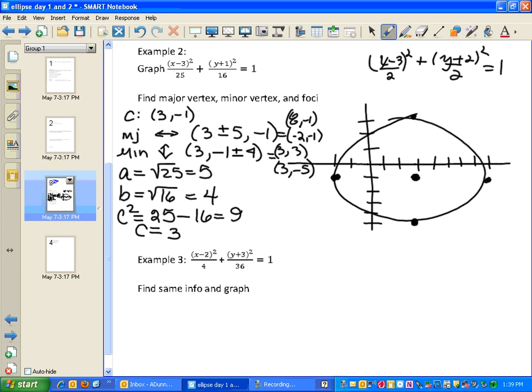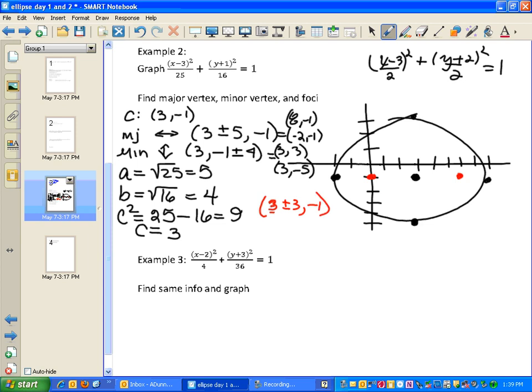And our focal points are 3 units to the left and the right, correct? 1, 2, 3. 1, 2, 3. Which means we're going to take our center and we're going to add and subtract 3 units, right? And still stay at -1. Our y value is not changing. We're going left and right.